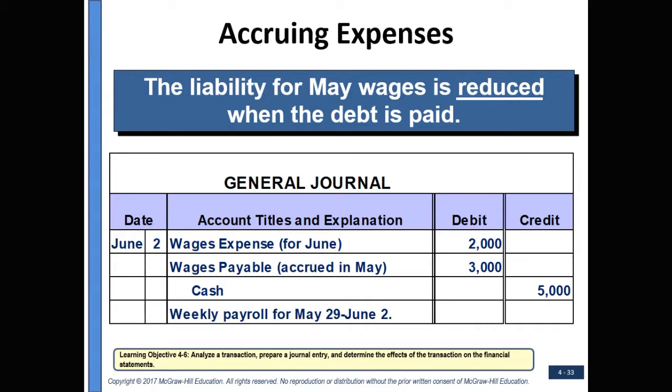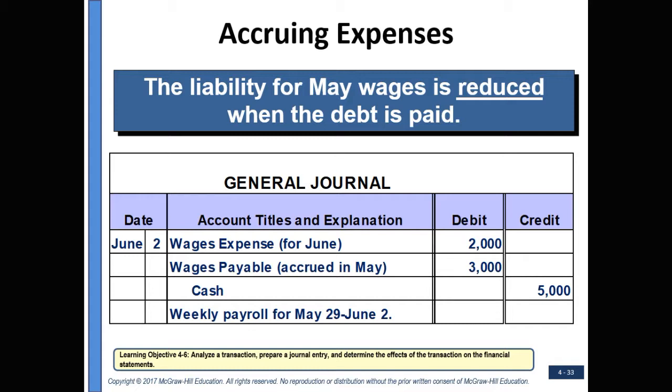On June 2nd, with the payment of the 5 days' worth of work of $5,000, wages expense is entered for only the 2 remaining days that were worked in June. You then reduce the wages payable that were accrued from May to represent the full $5,000 for the payroll.